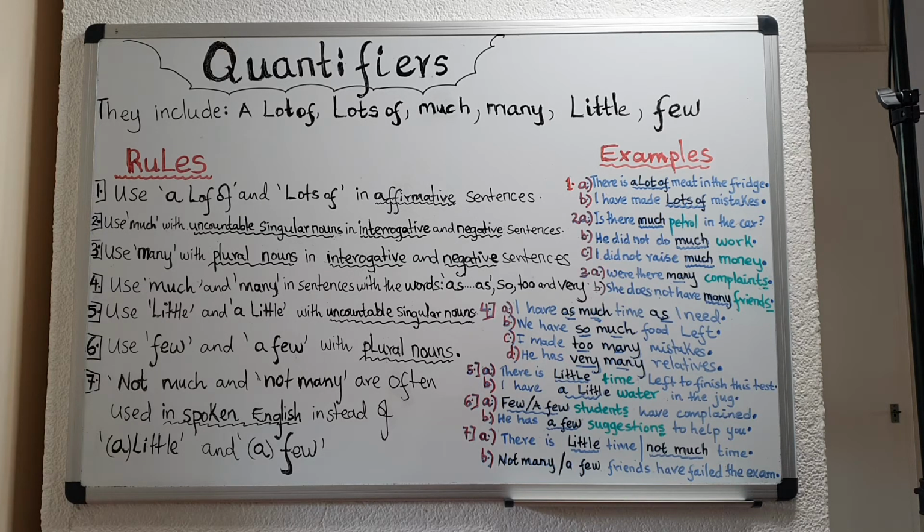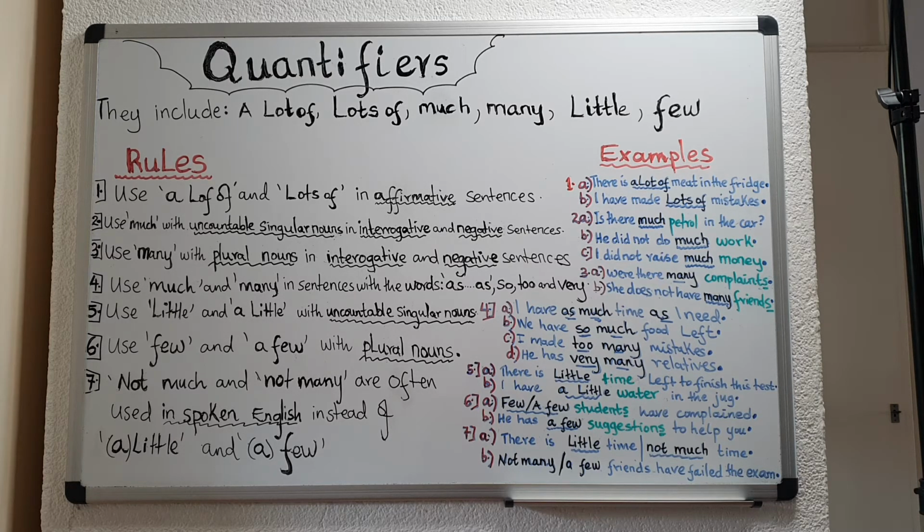For example, you can't count petrol. You can't say petrol, petrols. You can't count water. So you can't say water, waters. Okay? You can't talk about monies. So use much with uncountable nouns, but also the nouns must be in the singular form, which means you have not changed them to plural.